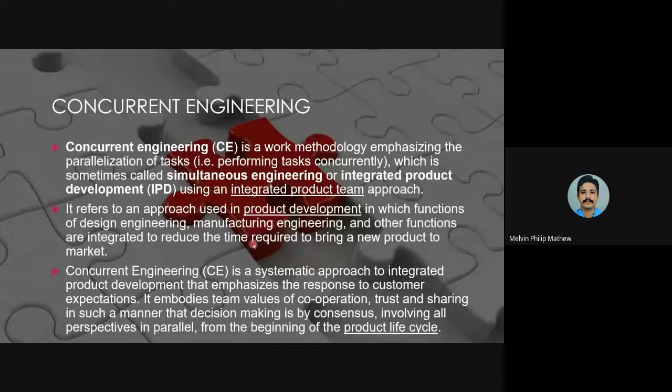The main aim or goal of concurrent engineering is to develop the product with sufficient functions by reducing the time required to bring the new product to the market. So we are using a production development cycle, with operations and procedures for producing the product, and these are studied, and we integrate functions or processes that reduce the time and incorporate faster production of the product. Such an engineering is called concurrent engineering. So it will be done in a faster way.